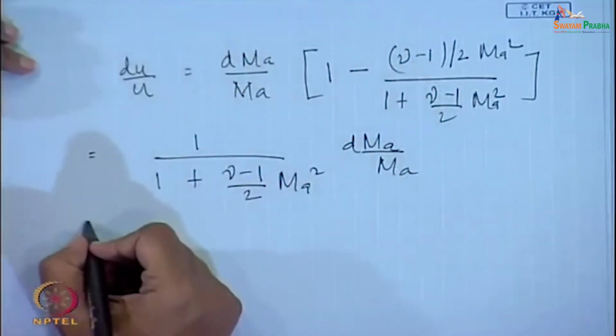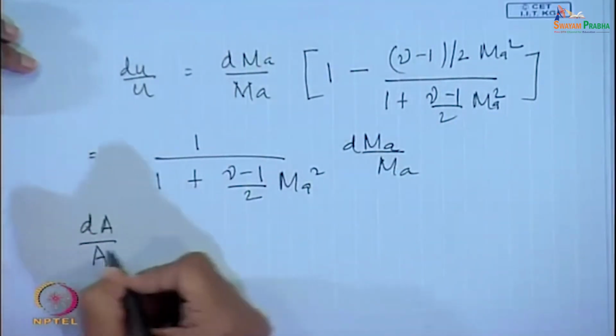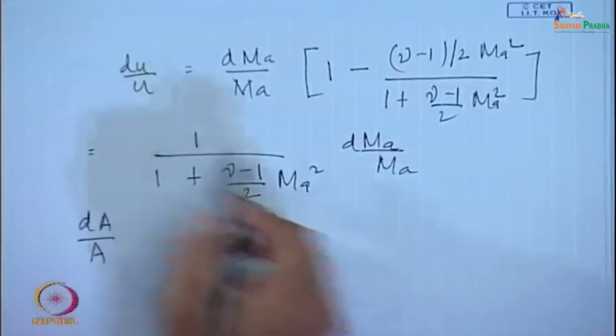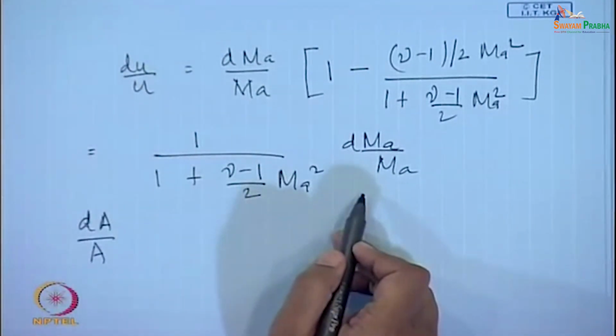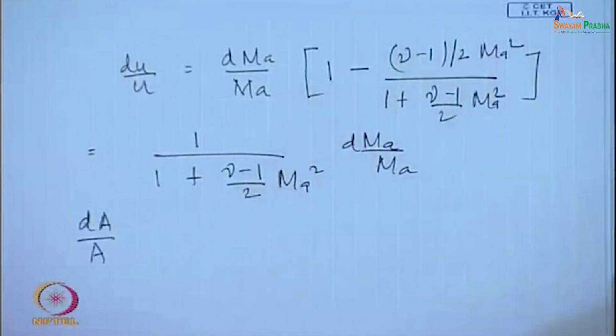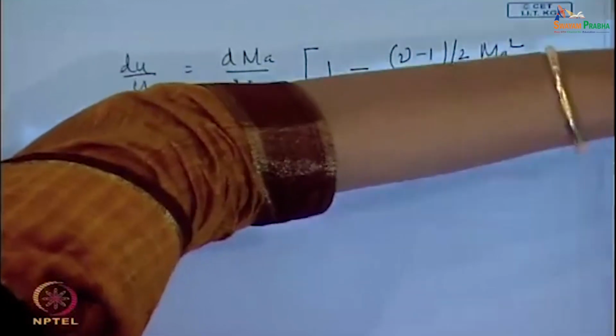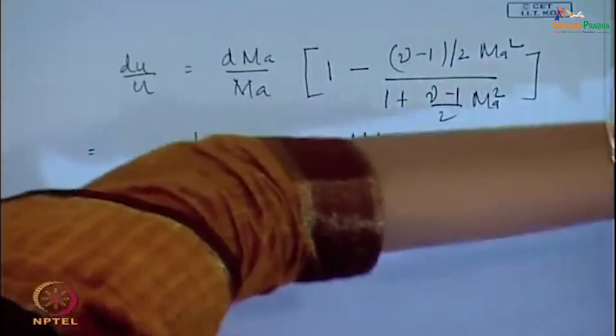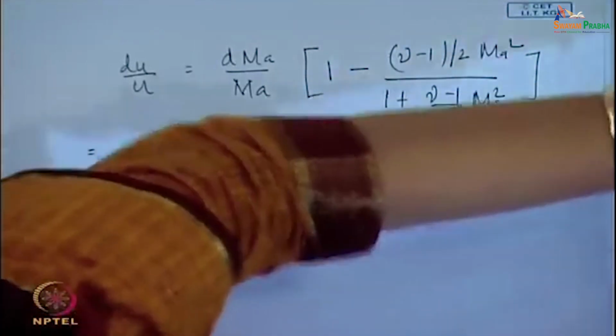So, therefore, we find dA by A if we write, then in that particular case we have already got du by u from here. We already had an equation relating du by u and dMa, just a minute, we had one particular equation, yeah.